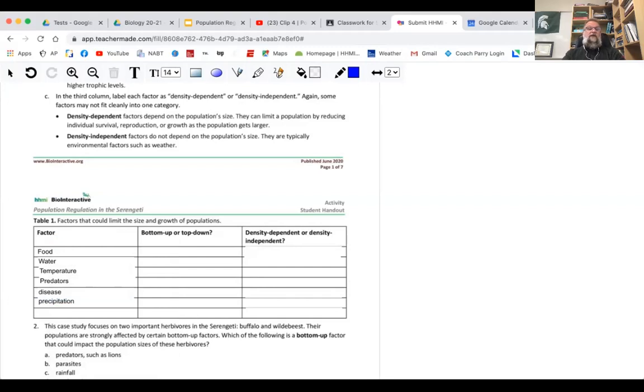Let's see, what's another one that you probably came up with? Habitat. Those aren't the only ones you could have, but those are some of the key factors that would certainly either cause a population to increase or decrease.